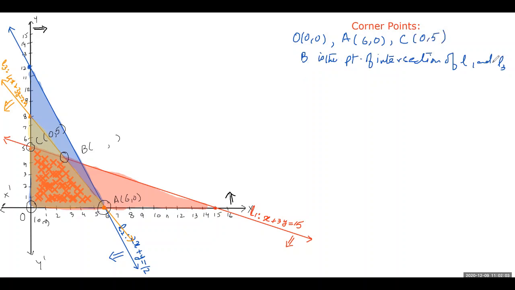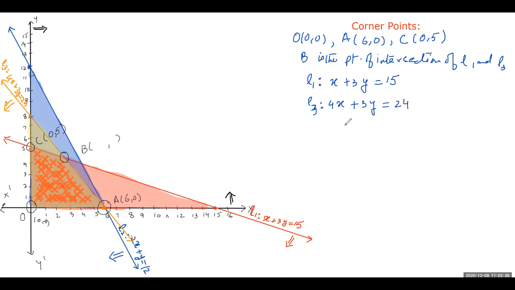Now we will evaluate this point B as the point of intersection of L1, which is x plus 3y equals 15, and the line L3, which is 4x plus 3y equals 24.